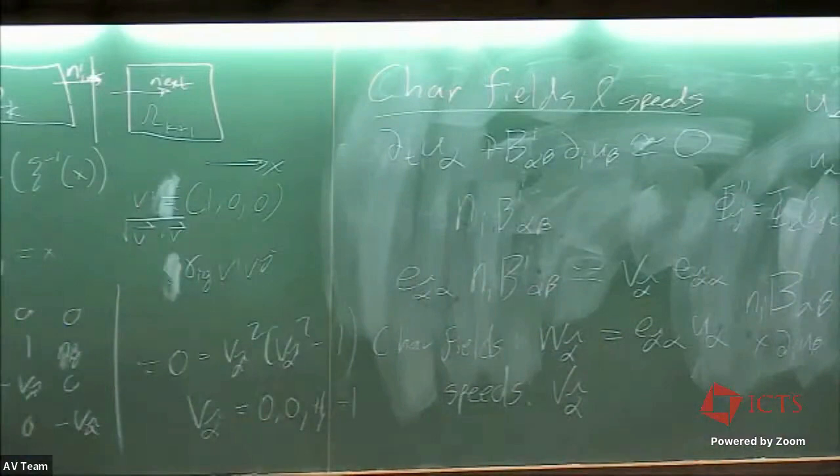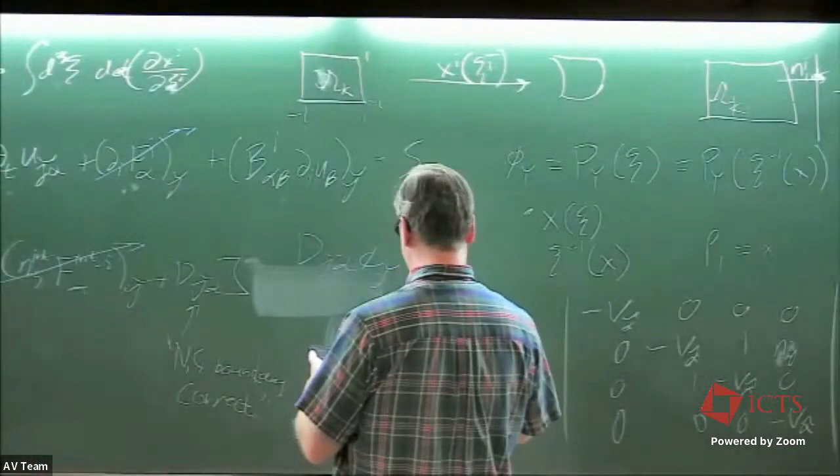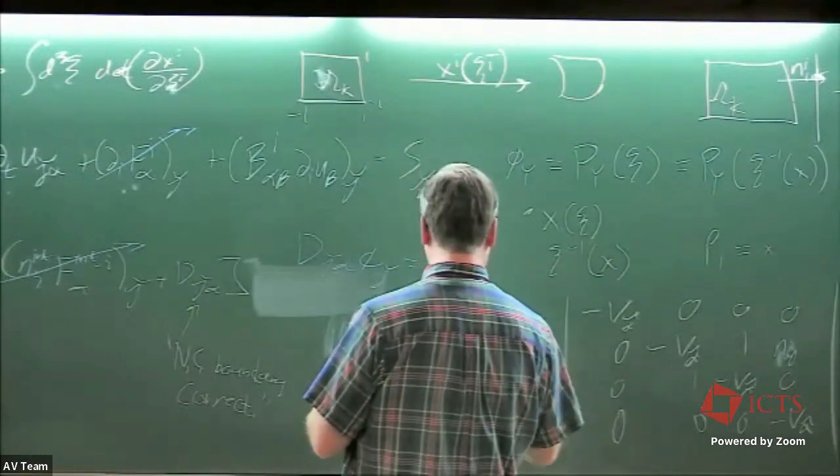There's 4 different eigenvalues, so there's 4 different possible eigenvectors. So the different eigenvectors turn out to be 1, 0, 0, 0, then 0, 0, 0, 1.